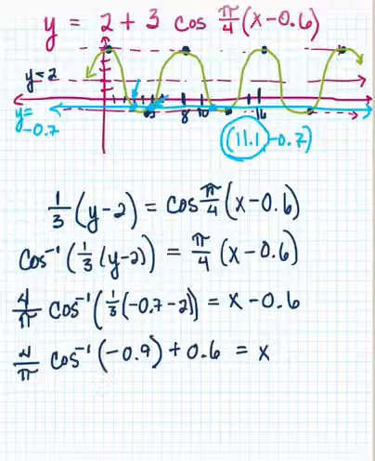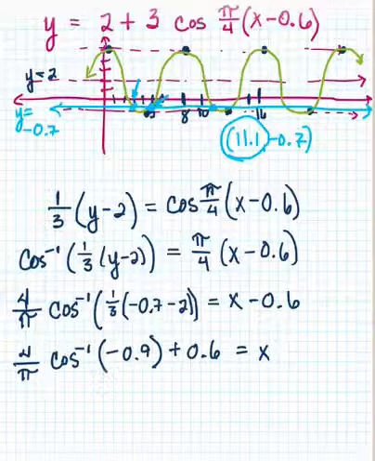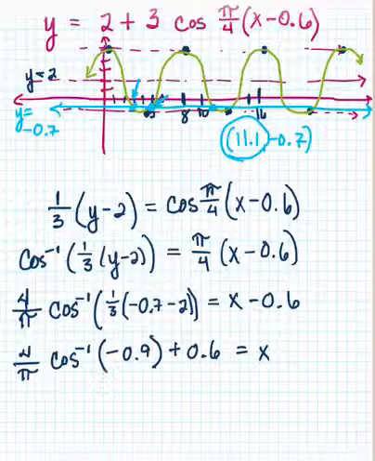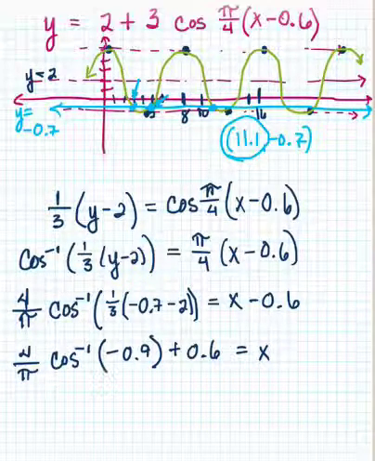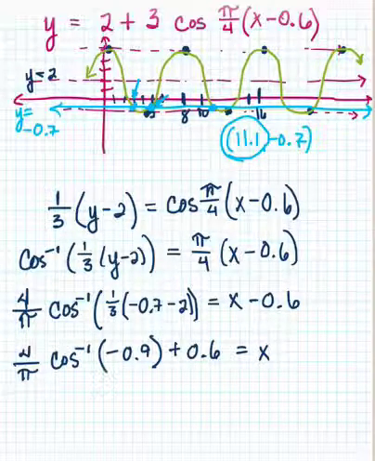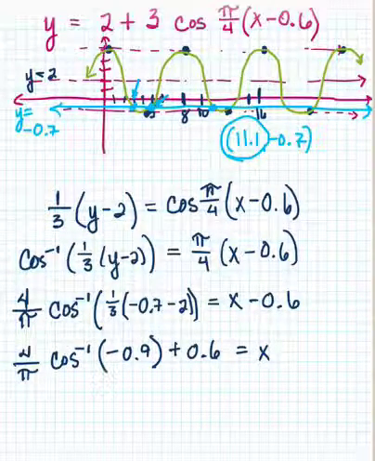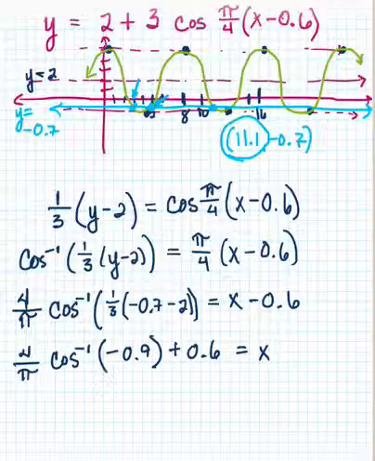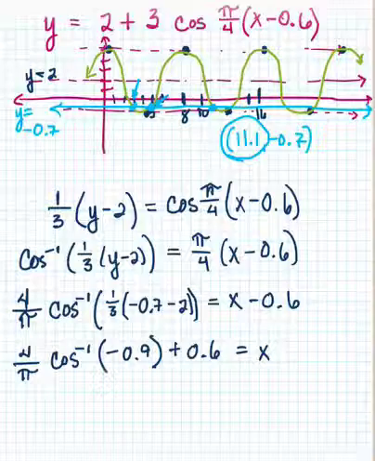Okay, well, now this is the problem. Cosine inverse of negative 0.9. Now I'm in radians, so let me make sure I'm in radian mode here, because this is all x, not thetas. What a bummer if we work it out without radians. The cosine inverse of negative 0.9 is 2.69.